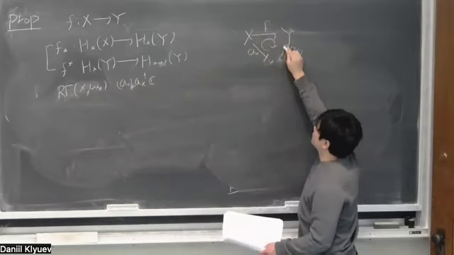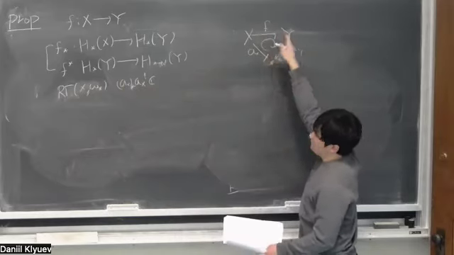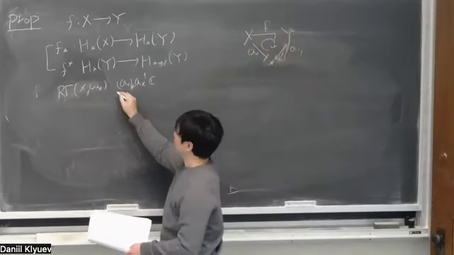And obviously, this is just a constant map, so this diagram commutes.